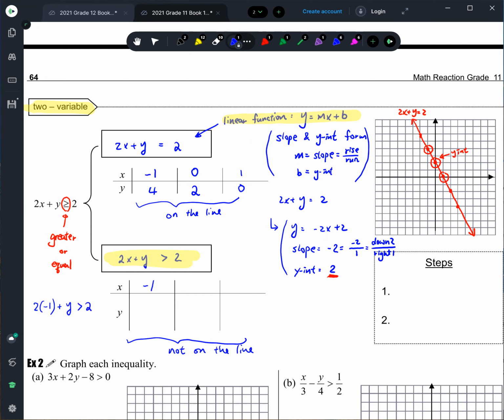Let's simplify a little bit. 2 times -1 is -2, so -2 plus y has to be greater than 2. Because I plug it in, there's only one variable now, so we could isolate. If we move the -2 to the right side, you get y is greater than 4. Do we have any questions so far? Can you raise your hand if you understand up to here?